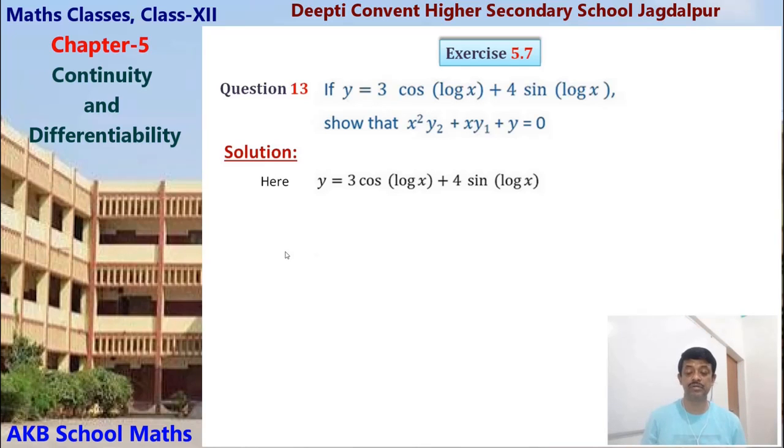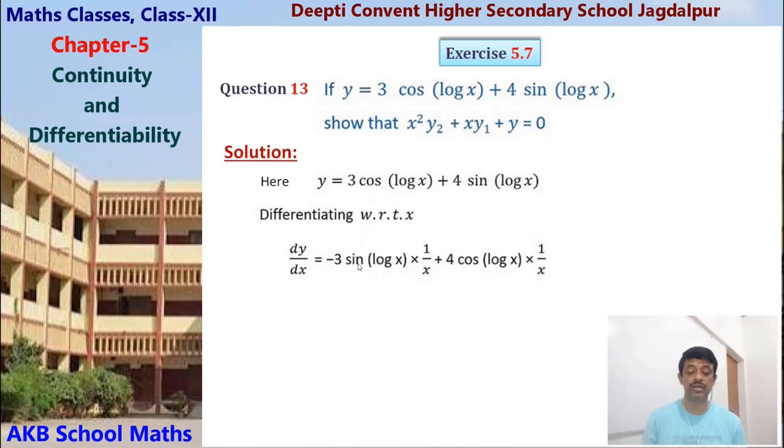So here we differentiate with respect to x, second method. Left hand side dy by dx equals, term by term differentiation, first of 3 cos log x, so minus of 3 sin log x into the derivative of log x, 1 by x, plus 4 cos of log x into 1 by x.